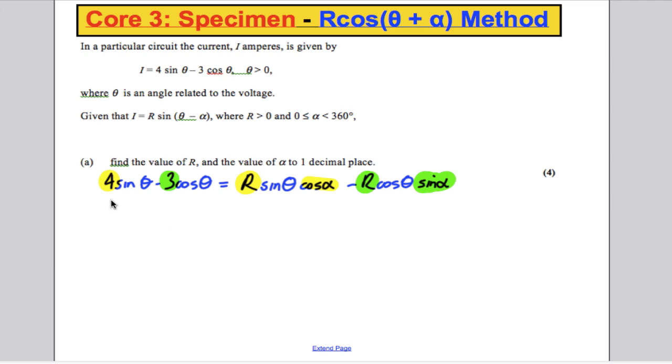Write our two equations down. 4 is equal to r cos alpha, 3 is equal to r sine alpha.